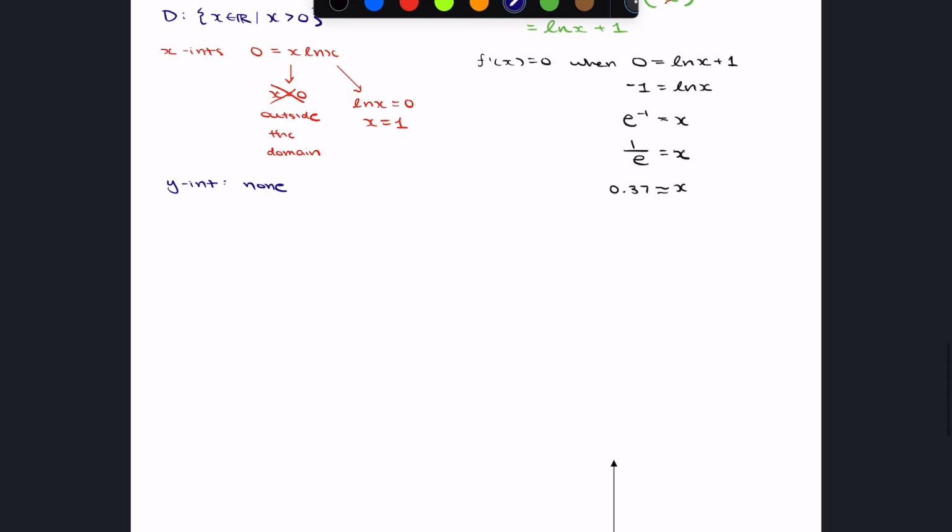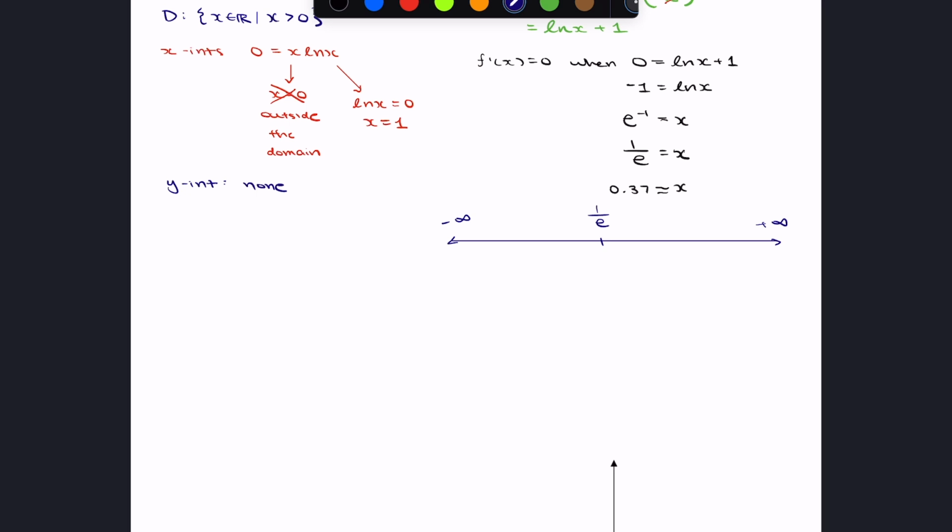Okay, so let's draw a number line here, from negative infinity to positive infinity. And we have a value of 1 over e as our critical value. And so we'll find a value that's less than 0.37. So let's say like 0.2.